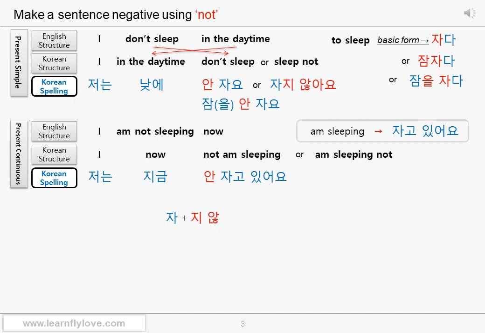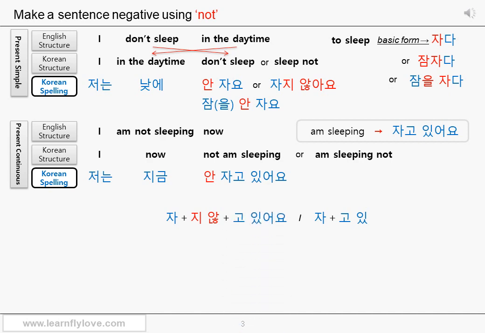Now let's use the negative compound expression 지 않다. Please listen carefully because there are two options. You can add 지 않다 first and then add 고 있다 after. Or you can add 고 있다 first and then add 지 않다 after as well. The stem 자 plus the negative compound expression 지 안.